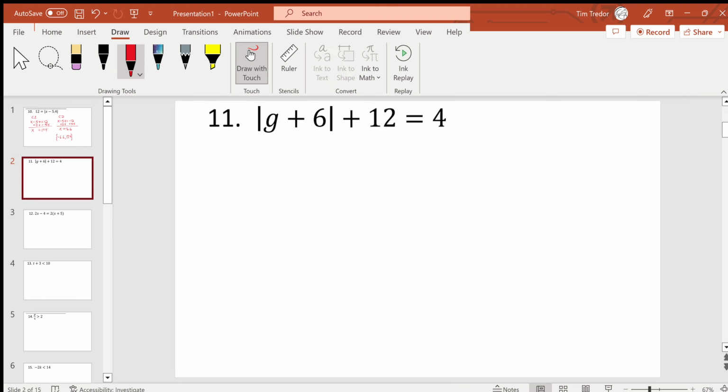All right, let's take a look at number 11. Number 11, we cannot just jump to case 1 and case 2 because I have something on the other side of the equal sign. I've got this 12. So I'm going to subtract 12 from both sides, and we'll get the absolute value of g plus 6 is equal to negative 8.